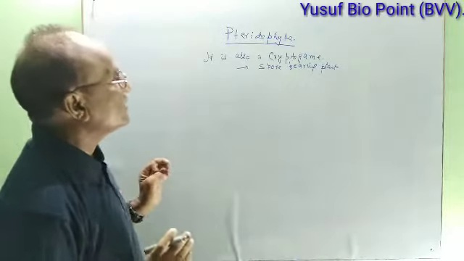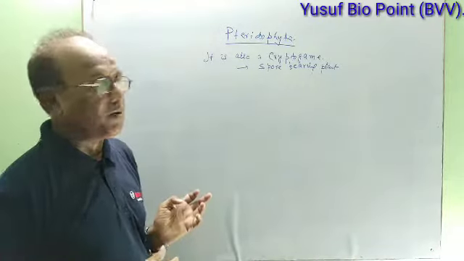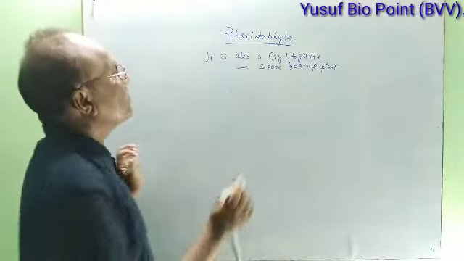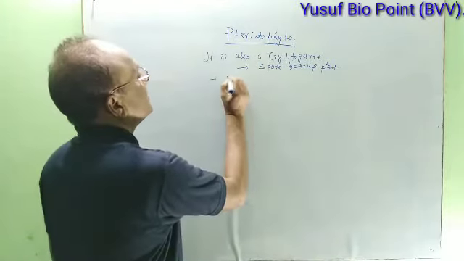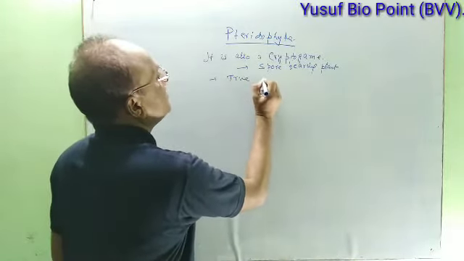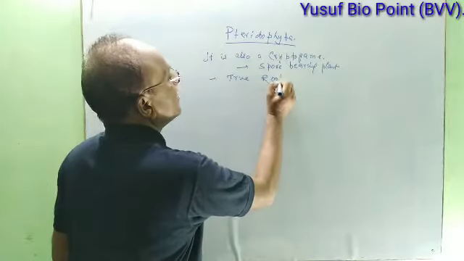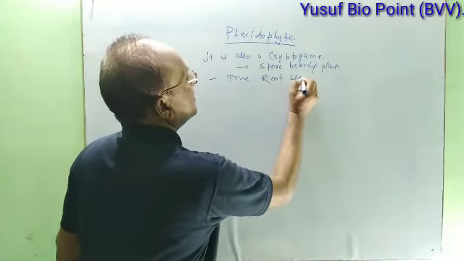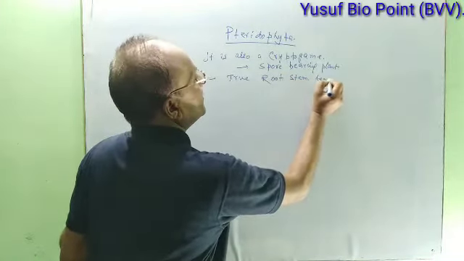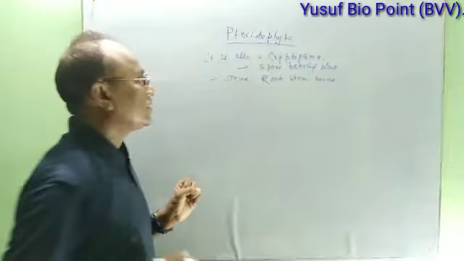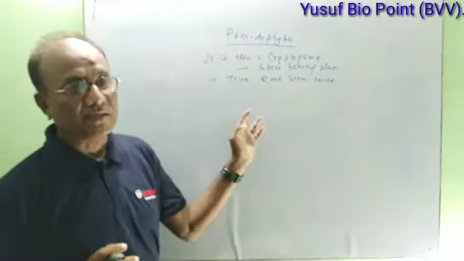Understand? And this is the advanced type of plant in the cryptogams because it has true root, stem, and leaves.